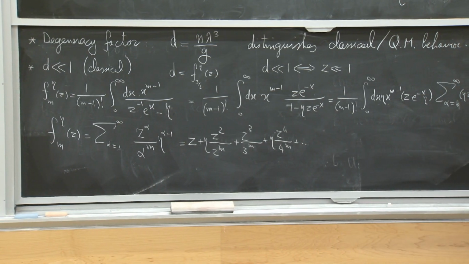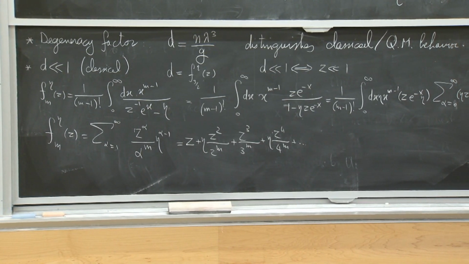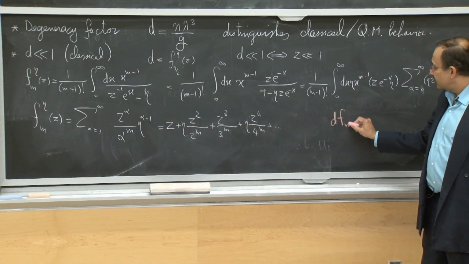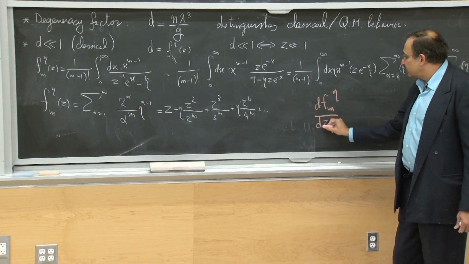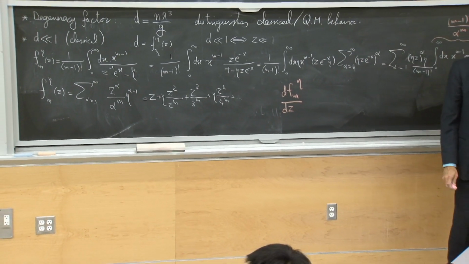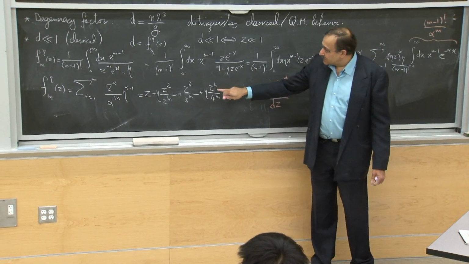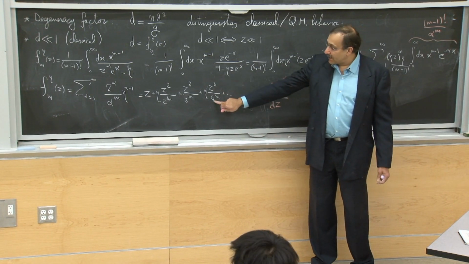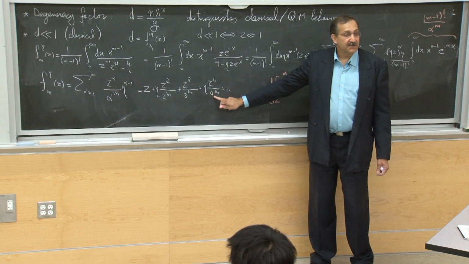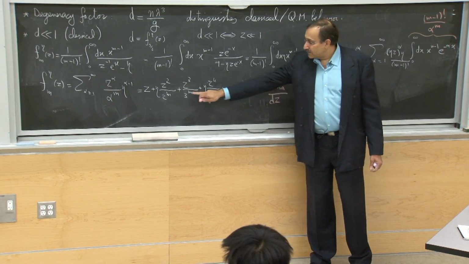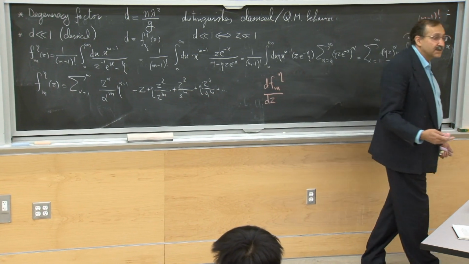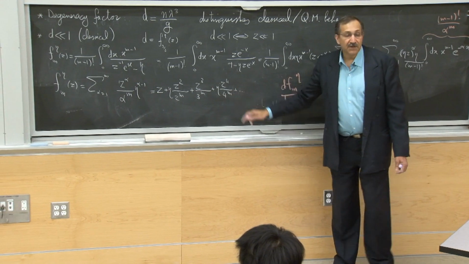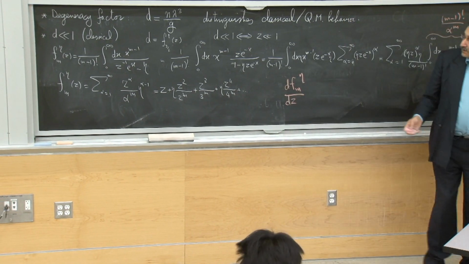Now, for future reference, note the following. If I take a derivative of this function with respect to z, its argument, then in this power series, say z to the fourth becomes 4z cubed. The 4 will cancel one of the 4s that I have here, and it becomes 4 to the m minus 1. This becomes 3 to the m minus 1. So you can see that the coefficients that were powers of m become powers of m minus 1.